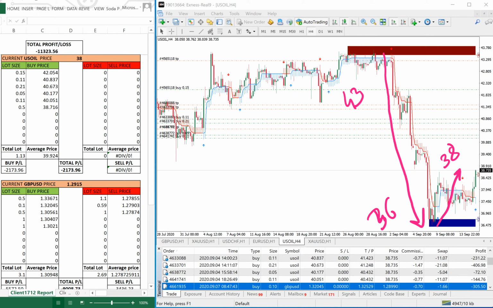It generated a second signal, again a buy from the 36 level. So we will take only the two entries and apply them against the total loss. We can see here the $11,000, and apart from that, the $2,000 loss is only from USOIL. So on the buy side we will take one at the rate of 36, and on the sell side, as per the signal, we will keep it at 43.